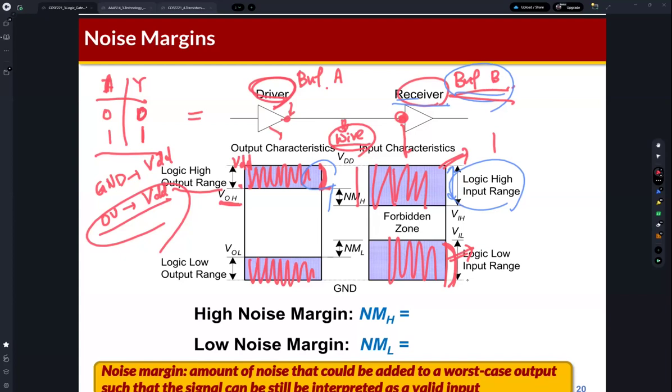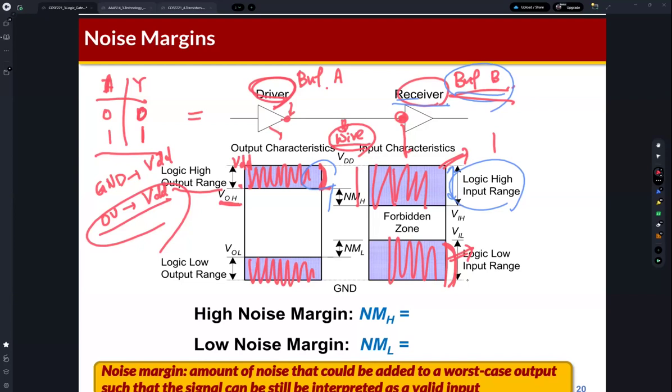So we can decide the allowable output range or allowable input range of devices like this. As I mentioned, the input range is wider than the output range, because the system needs to be tolerant to the noise.